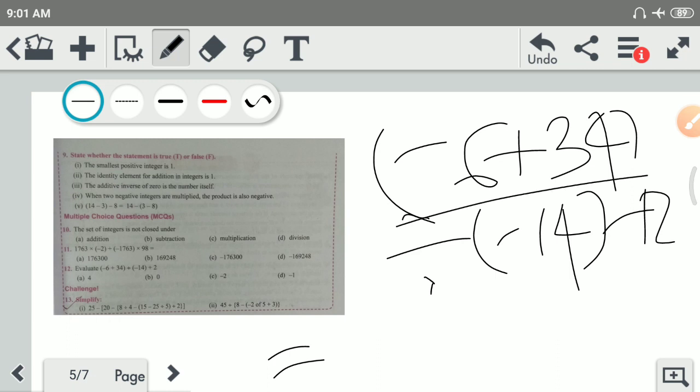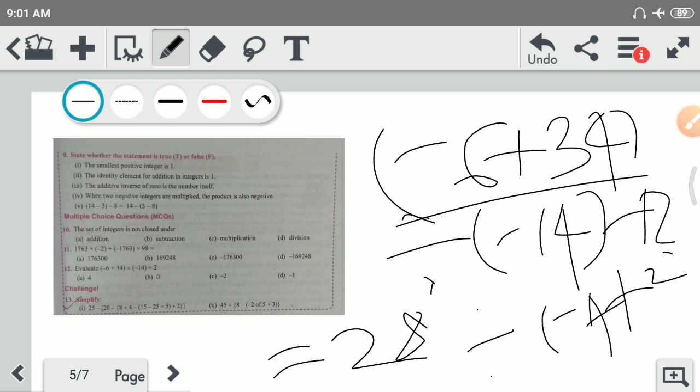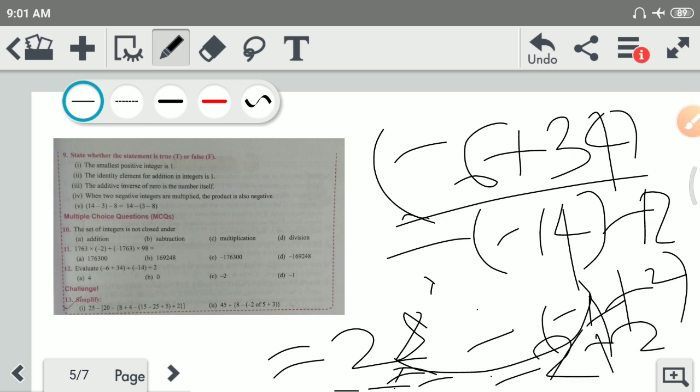So minus 6 plus 34 is 28, then divided by the bracket minus 14 plus 2. Now you see 28 divided by minus 14 plus 2. Next you go to division. 28 divided by minus 14 is minus 2, then plus 2. Minus 2 plus 2 is 0, so the answer here will be 0.